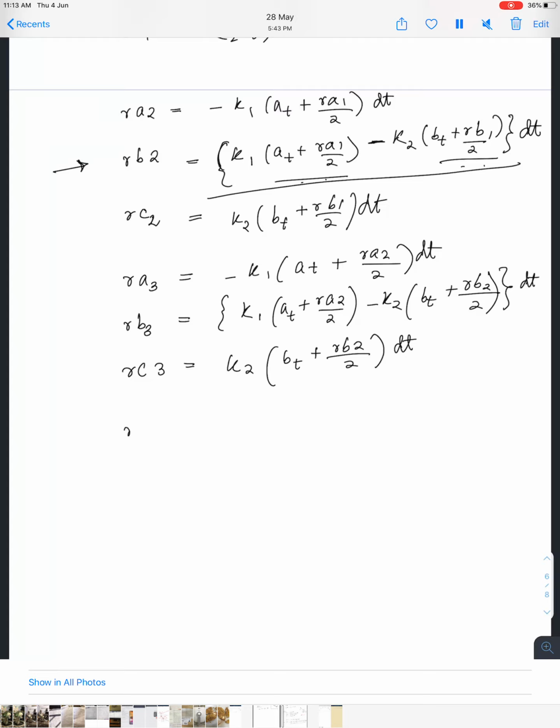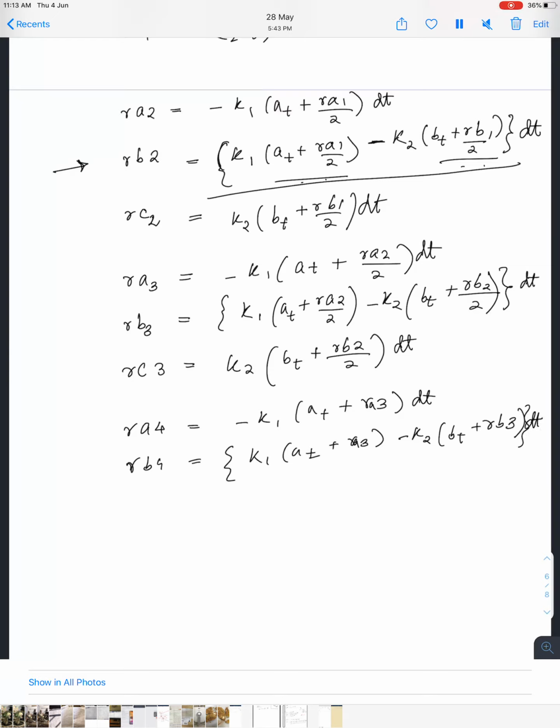Okay, now we have the fourth. Similarly, RA4 is equal to minus K1 into A at t plus, now it's the whole thing, R3 dt, it's the last point, so not by 2 anymore. Remember the A at t is remaining as A at t, okay, minus K2 into B at t plus RB3, it's not by 2, it's the last one. RC4 is equal to K2 into B at t plus RB3 into dt.